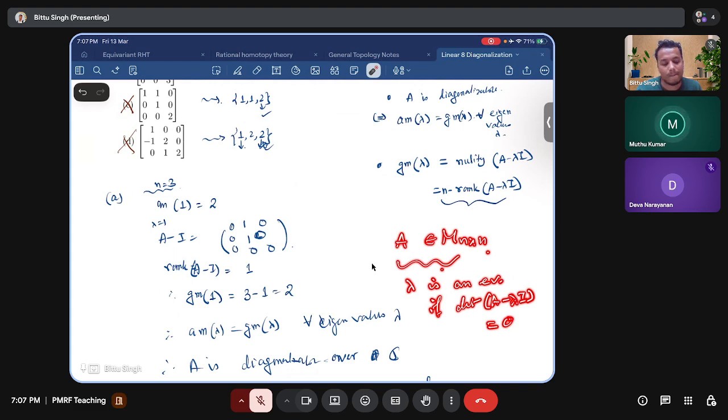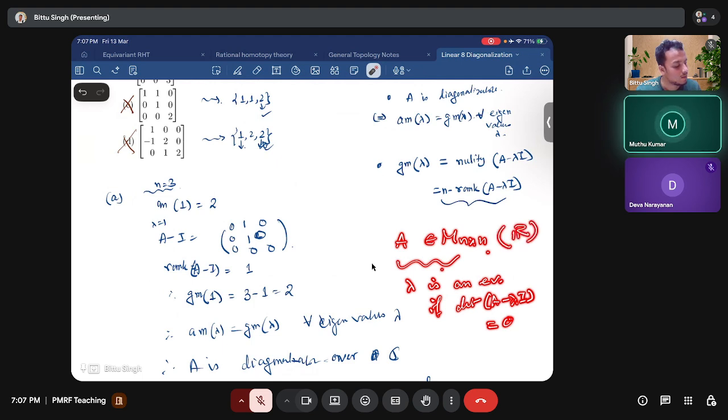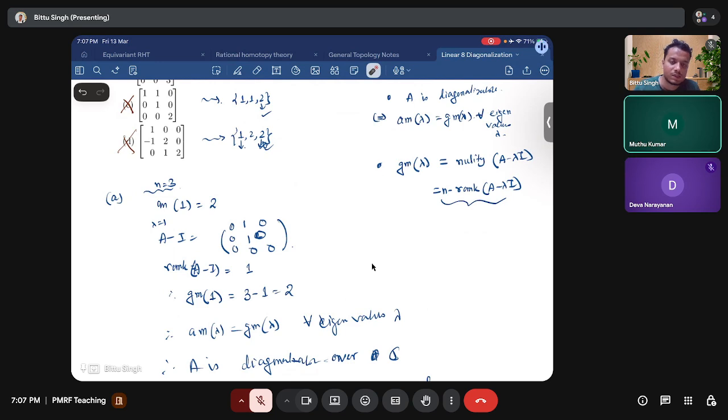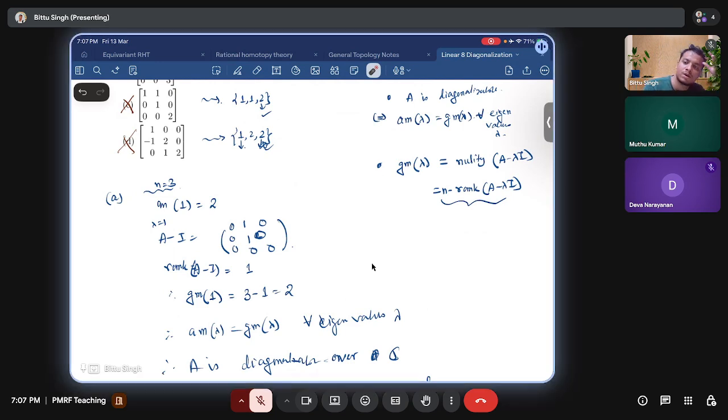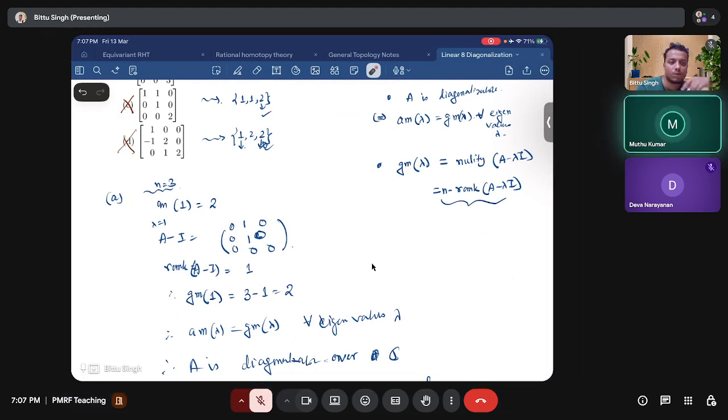But if T is a linear operator on a finite dimensional vector space, then it should not be called an eigenvalue.